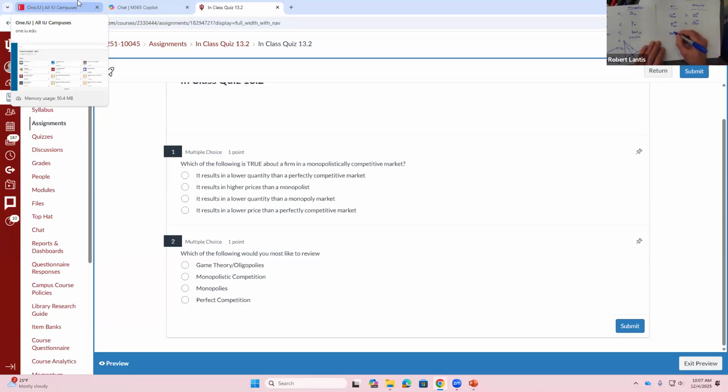And then as a result, deadweight loss is also going to be lower as well. So the only thing that changes when we're looking at the market level is that a monopolistically competitive market is at a higher quantity. But if we look at the firm level, we know the quantity has to be lower because they're splitting demand relative to a monopolist.